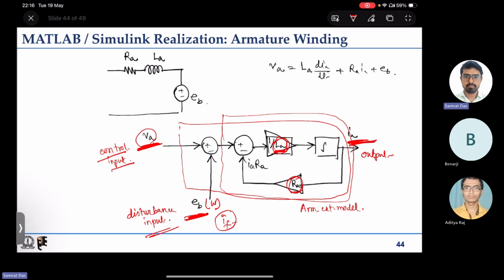It is not here, right? The armature circuit has a separate time constant, and the time constant of field current is different. Again, speed is being solved in a separate loop, with the mechanical time constant.